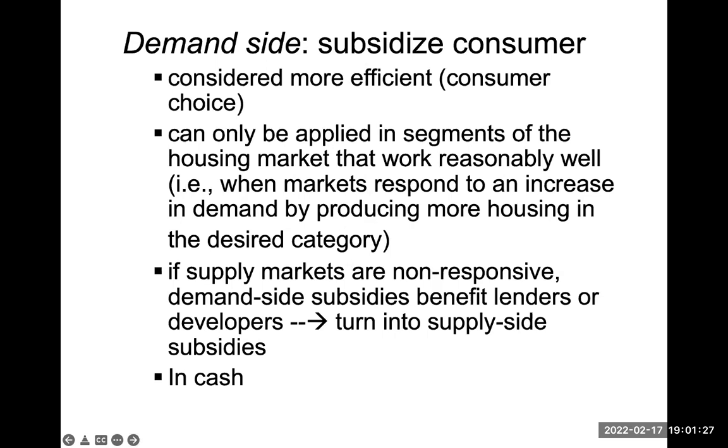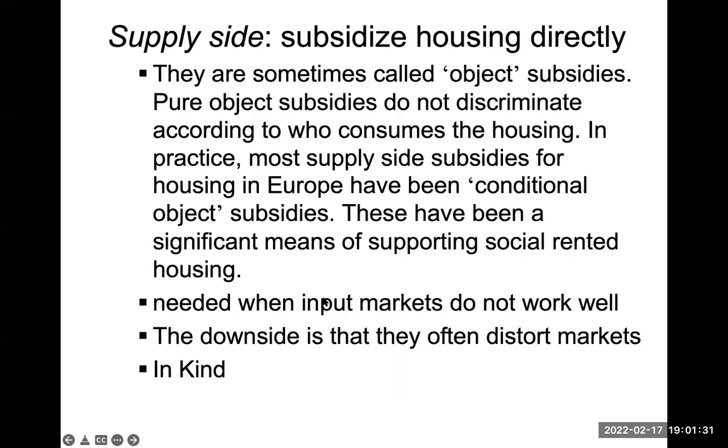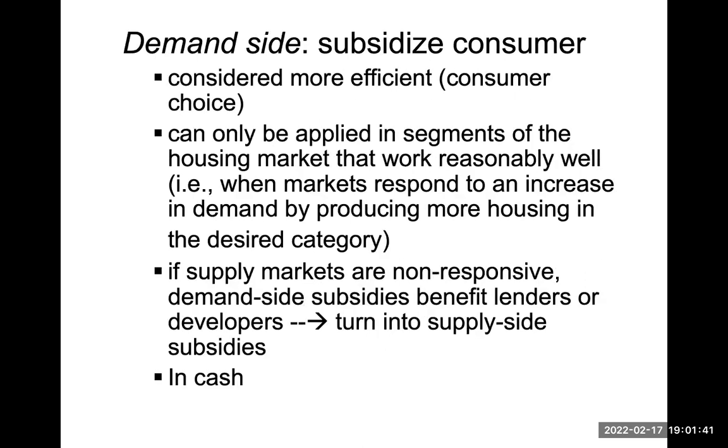If we go to the last one, the supply side, if we subsidize housing directly by producing a lot of affordable housing or public housing, this is in kind. And the second one is in cash. That is the demand side, to subsidize the consumers. These are usually considered more efficient, and they can only be applied in segments of the housing market that work reasonably well.